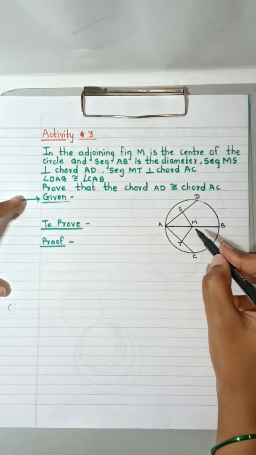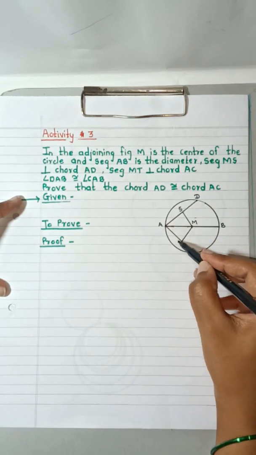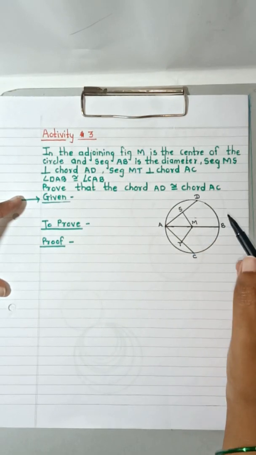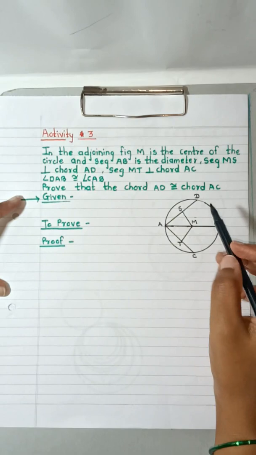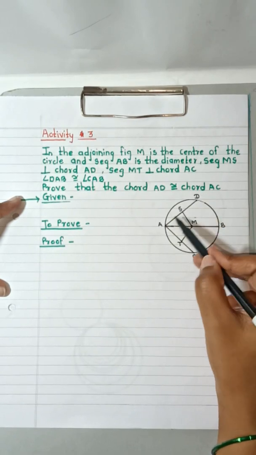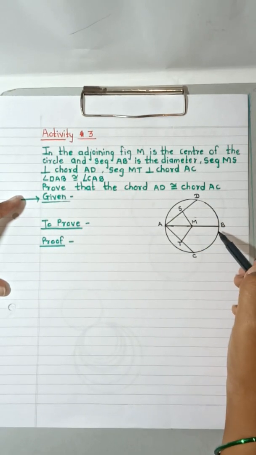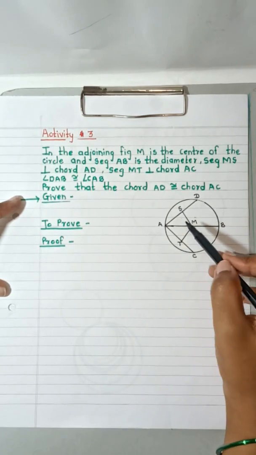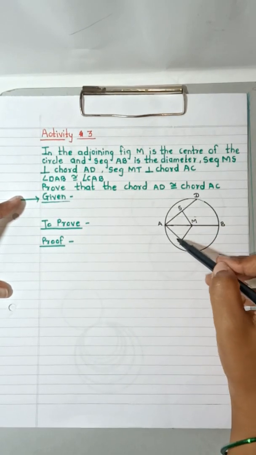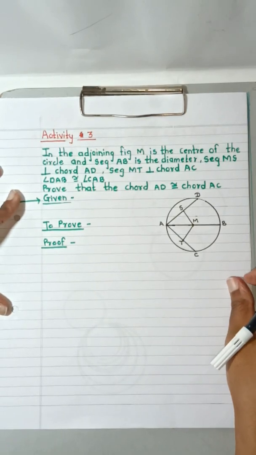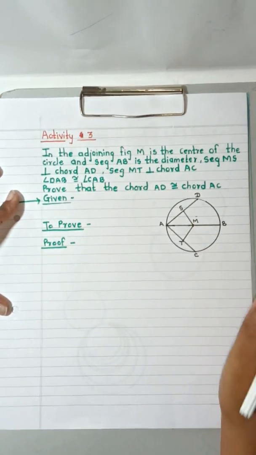Similarly, seg MT is perpendicular to chord AC. They have also given that angle DAB is congruent to angle CAB. We have to prove that chord AD is congruent to chord AC.